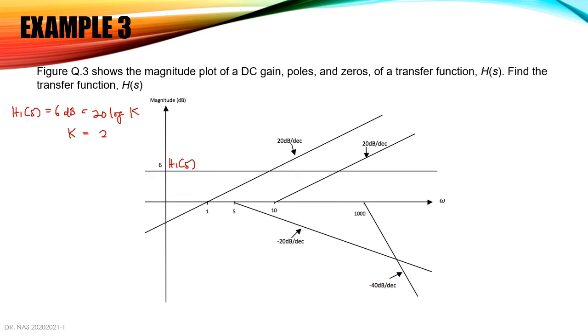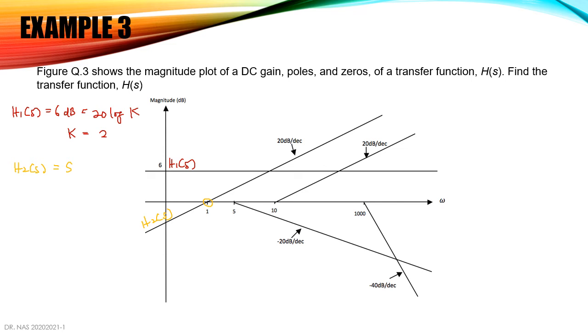Next, consider the zero at origin. There's a line with 20 dB slope crossing 1. So we know the equation has a zero at origin. We call this one H2(s). So H2(s) equals s.